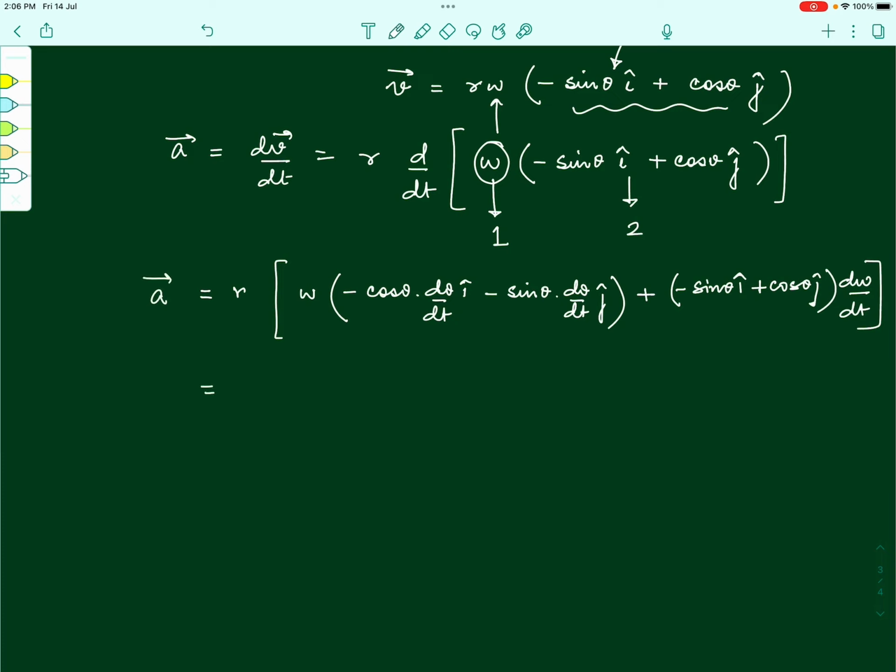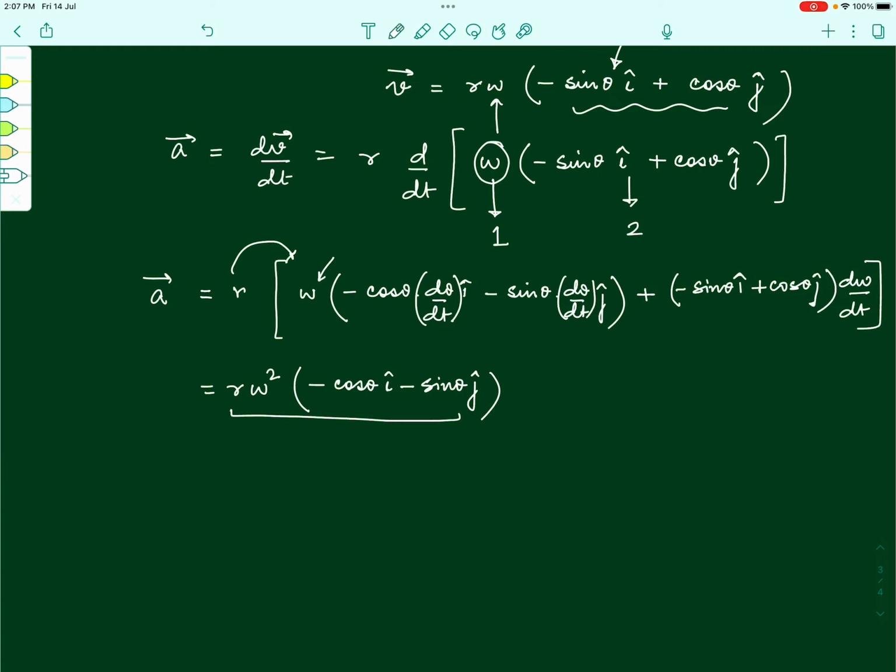Now if we look at it carefully, we are getting d theta by dt over here, which we can take out as omega. So we'll get an omega squared over here. Take r inside. So we get r into omega squared into minus cos theta i cap minus sine theta j cap, which is actually the same expression that we obtained earlier when we were discussing uniform circular motion, right?